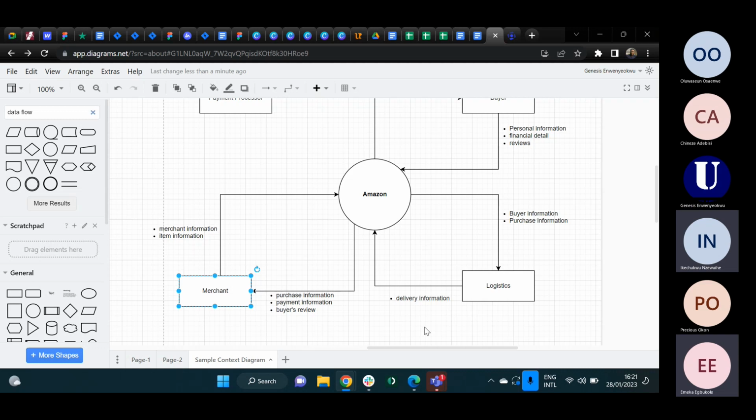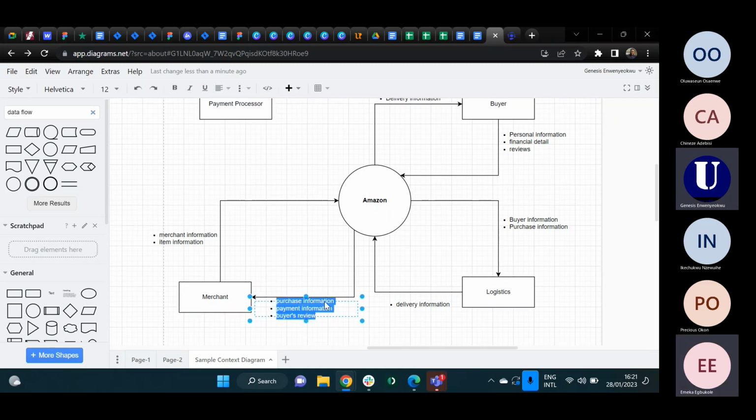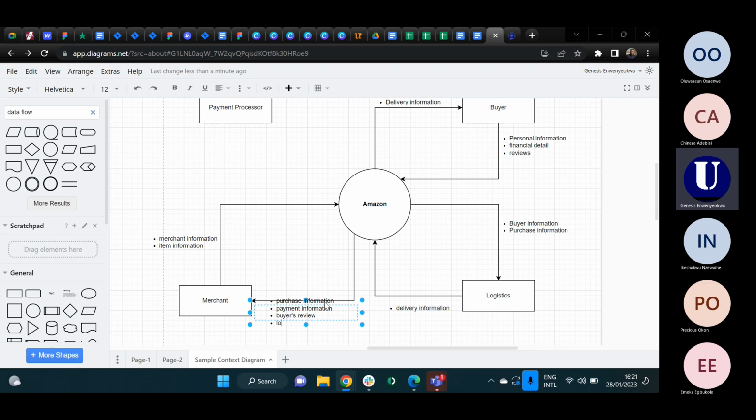So sometimes Amazon has to send the logistics company that will pick up those items, and the quantity and everything, to the merchant. Okay, that makes sense. So we can add it to the list and say logistics information.